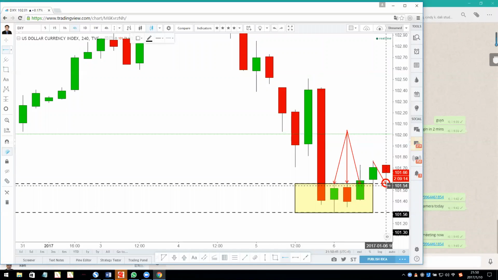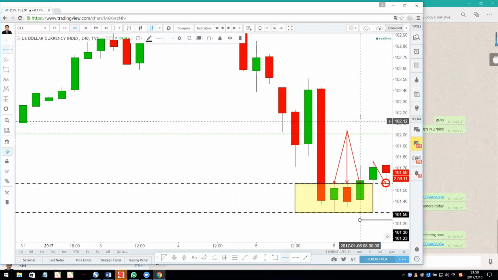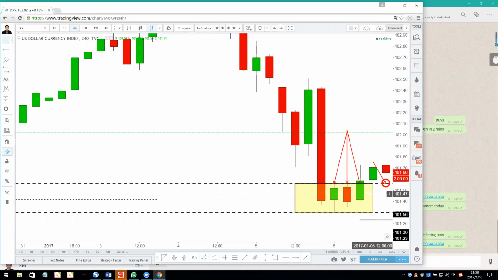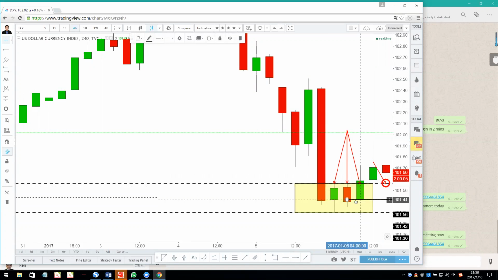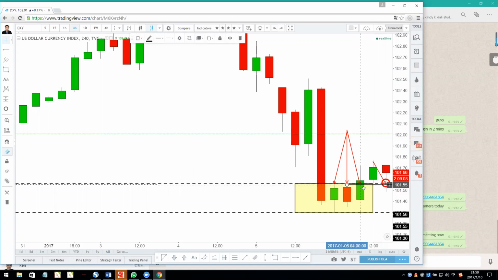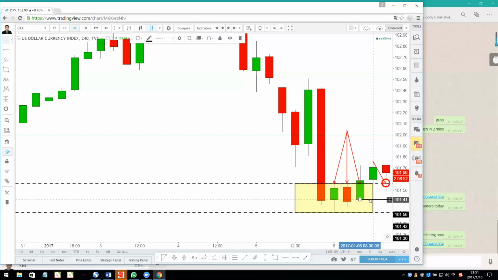Very simple. You can choose below the box if the box is not too wide. You can also put the stop loss below the recent rally. Where is the origin of the recent rally? Definitely this bar, a green candle, where the price rallied from 101.41 to 101.58. So you can put your stop loss just below this candle.